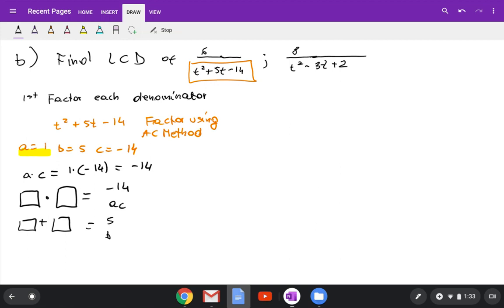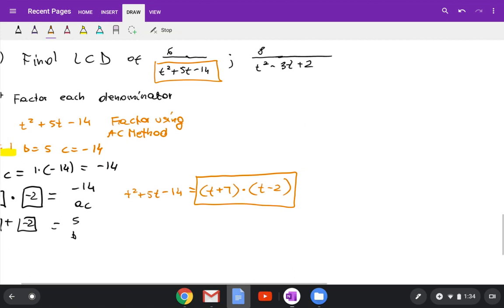So what's going to work here? 7 and negative 2. So that t squared plus 5t minus 14, you want to rewrite using factors, which will be t plus 7 times t plus the second integer, which is plus negative 2.